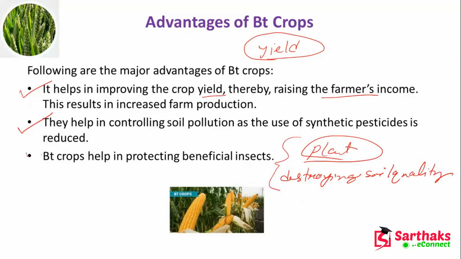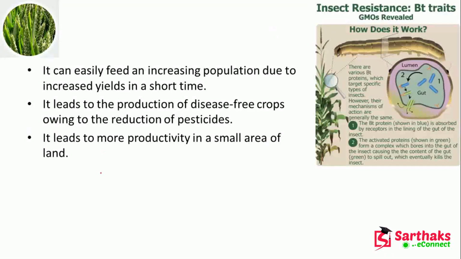BT crops are helpful in protecting the beneficial insects, and they can easily feed an increasing population due to increased yield, because day by day you know that population is growing upward and upward. 130 crores, after some time it will be 140 crores, and in the whole world also the population is huge.